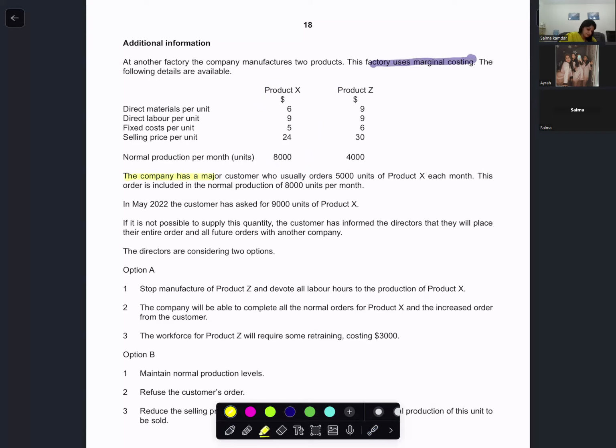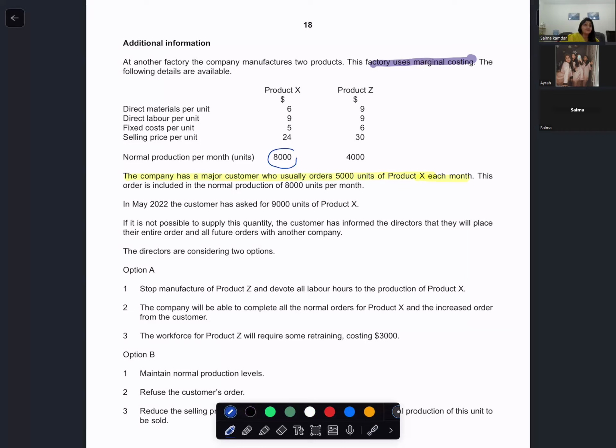The company has a major customer who usually orders 5,000 units of product X each month. This order is included in the normal production of 8,000 units per month. Analyze what you're reading, don't just read. Is it apart from the 8,000 units, or included in the 8,000?